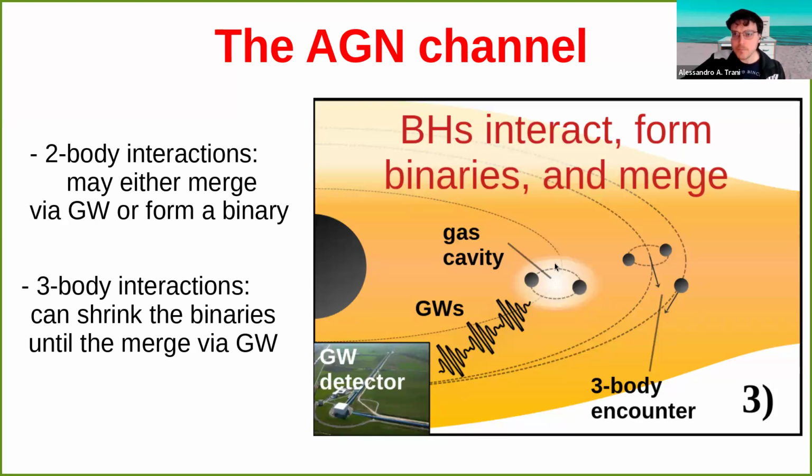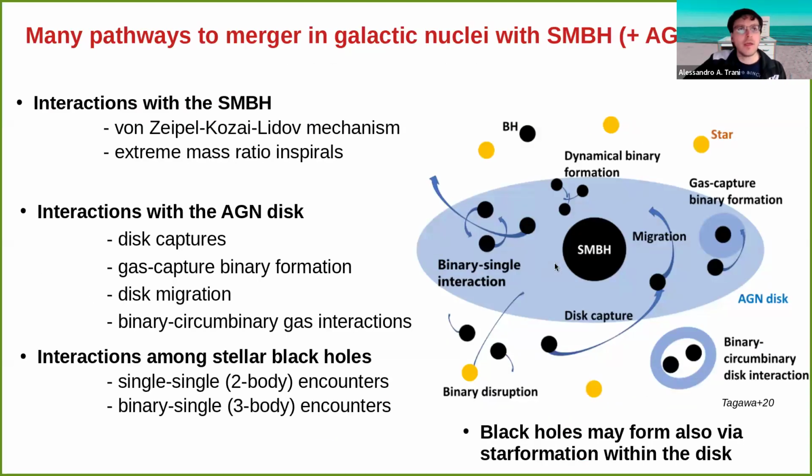What I showed you right now is a very sanitized and simplified picture. Actually, there are many interactions that can happen in galactic nuclei with or without an AGN disk. First of all, there are interactions with the supermassive black hole. If you have a binary orbiting a supermassive black hole, the supermassive black hole exerts a torque onto the binary.